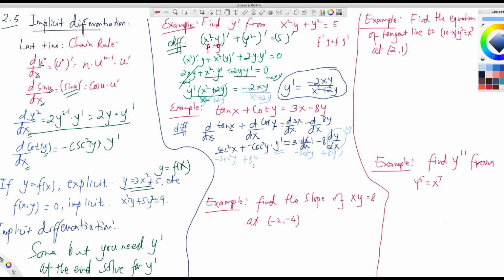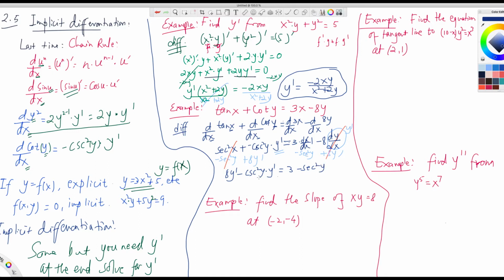So what happens is that will cancel out, and that will cancel out, because negative 8y prime and the positive 8y prime. So what is left is 8y prime minus cosecant square y times y prime equals 3 minus secant square y.